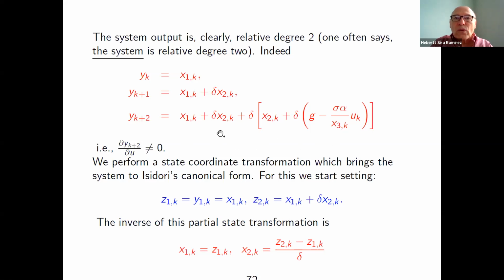And the system is a 4th order system, so you do need complementary variables. So part of the transformation is just to rename the output and the advances of the output as the new coordinates. C1 is Y1, which happens to be the first state, and C2 is just the advance of that first state, the position variable.